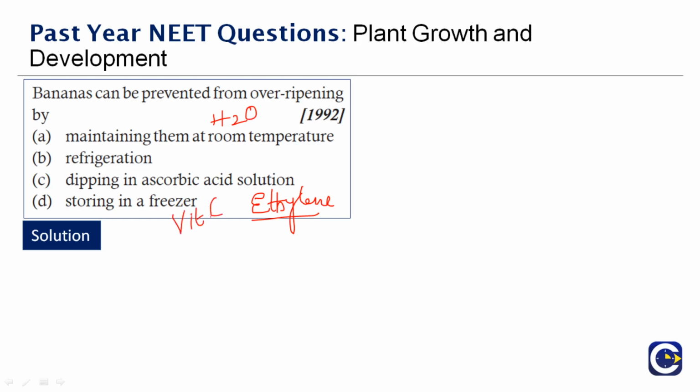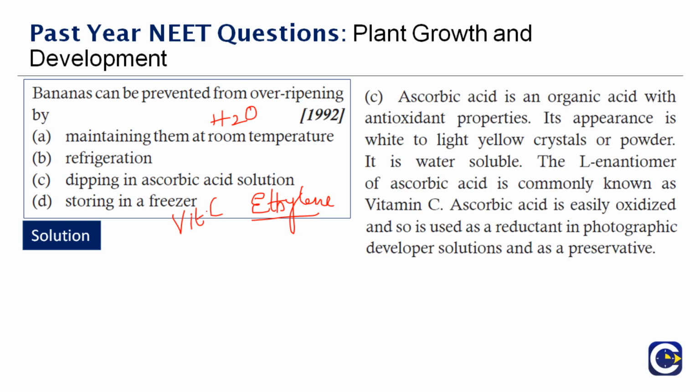Ascorbic acid is easily oxidized and is also used as a reductant in photographic developer solution, and sometimes as a preservative. So bananas can be prevented from over ripening by dipping them in ascorbic acid solution. This will delay the ripening process. Therefore, the correct answer to this question is option C.